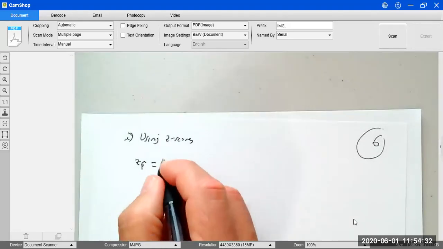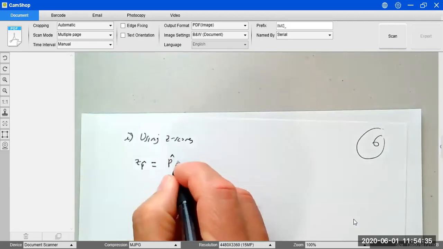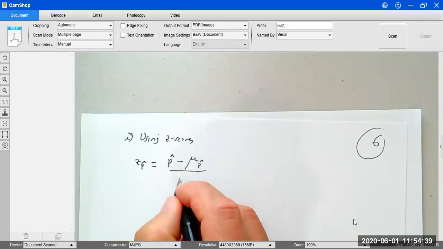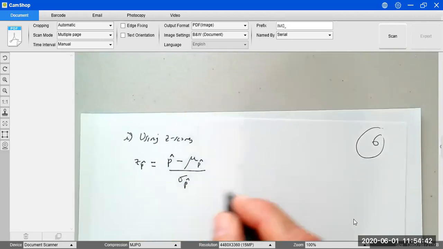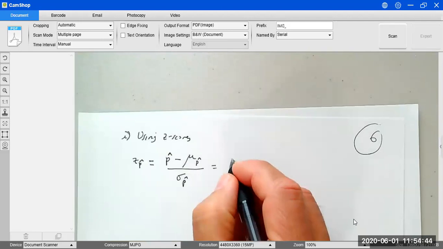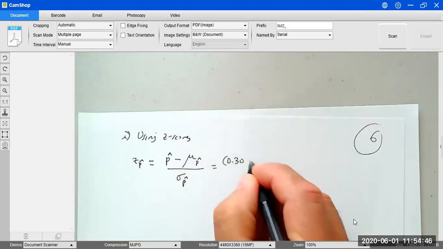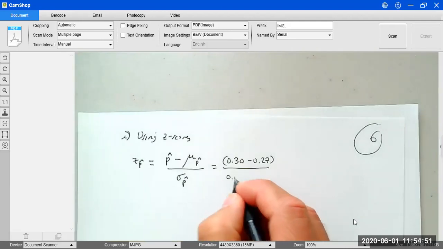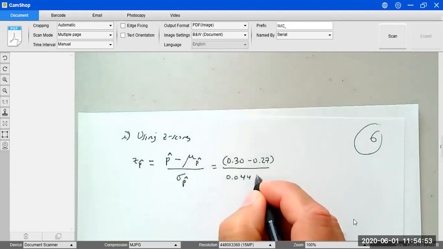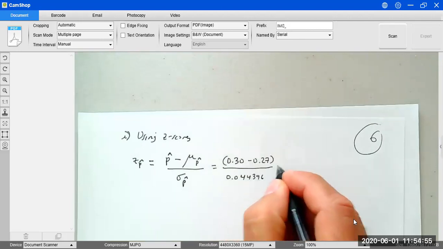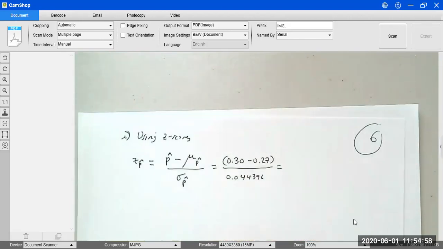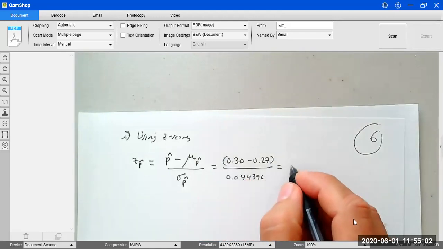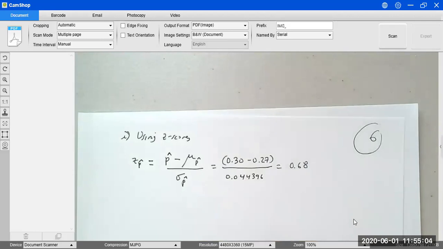It's just p-hat minus the mean of the p-hats over the standard deviation of those p-hats. So it's 0.30 minus 0.27 over 0.044396. We do this operation with our calculator. Don't forget the parentheses to prevent mistakes. We're going to get 0.68.